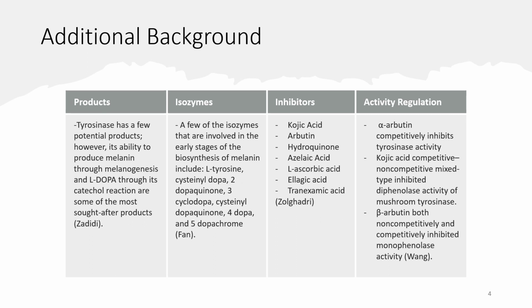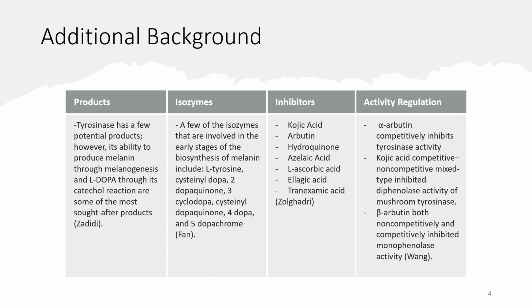There's a whole bunch of inhibitors that can be used to affect tyrosinase, but once again, the one that we're going to be using today is kojic acid. All of this activity can be regulated by those inhibitors. As soon as you add any inhibitor, it's going to affect how the whole reaction works.